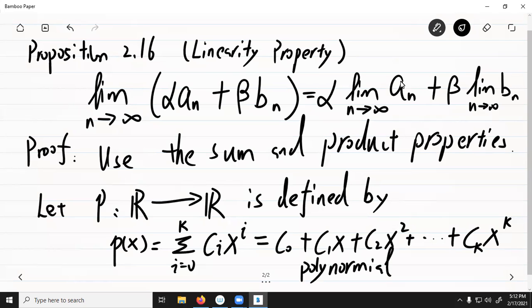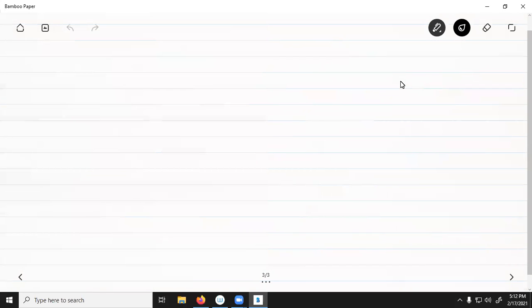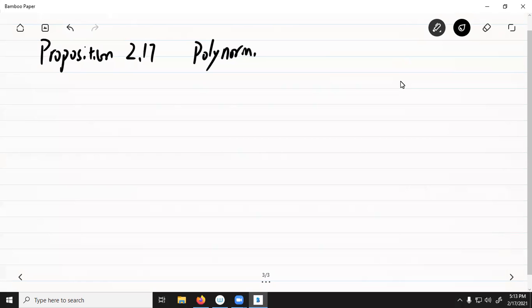Okay, then we have the polynomial property, which says the polynomial is the sum of each term. So let's look at this proposition, 2.17, which is called the polynomial property.